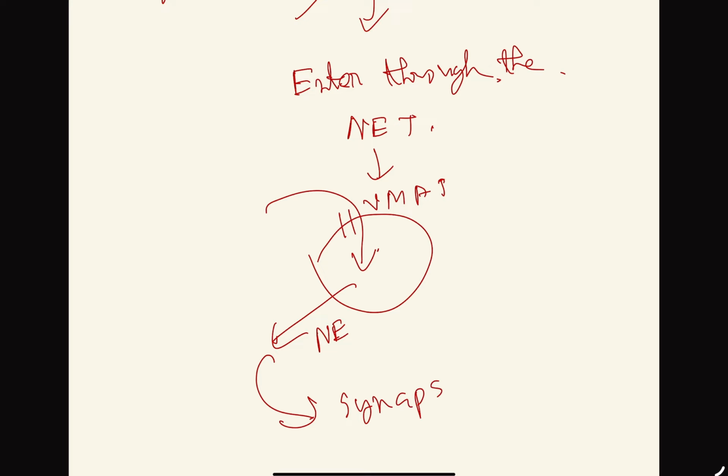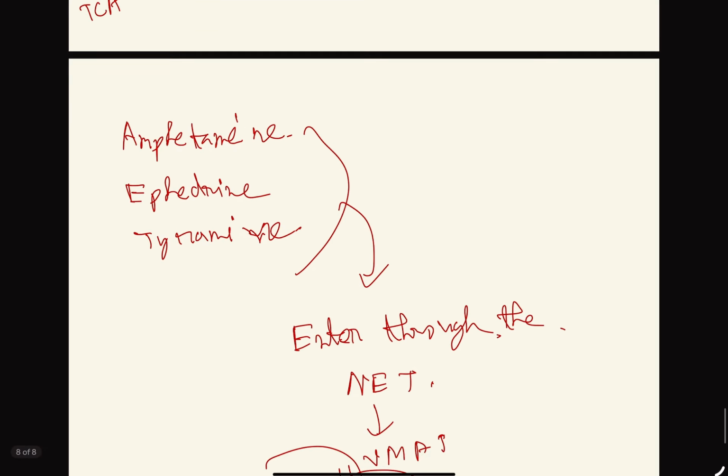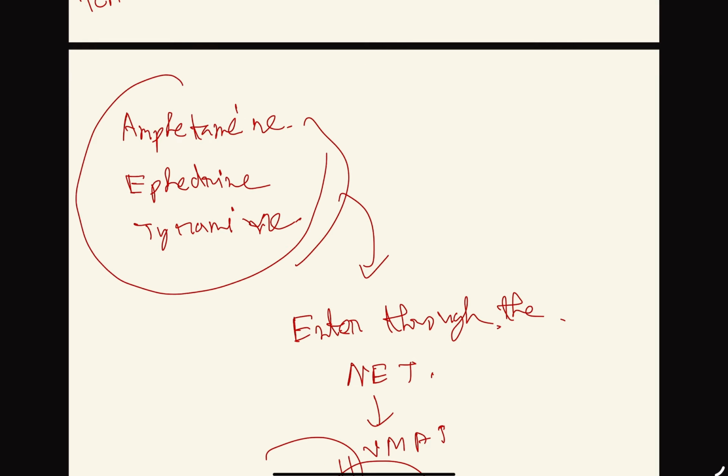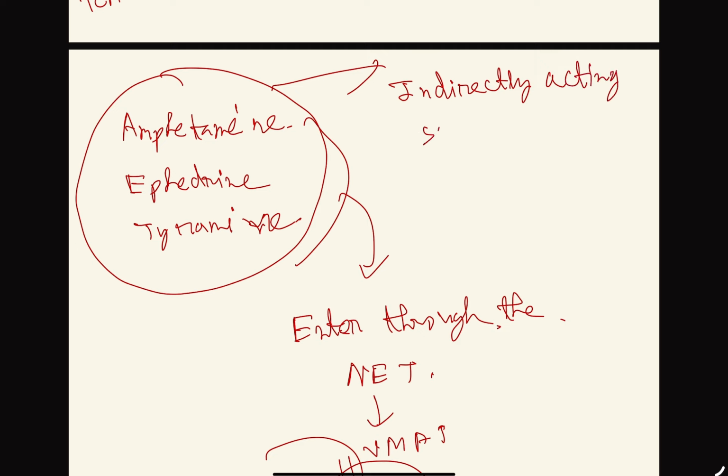Okay, and it acts more on the receptor, so these drugs are called indirectly acting sympathomimetic drugs. Because they don't react with the receptors directly, but they increase the release of norepinephrine into the synapse.